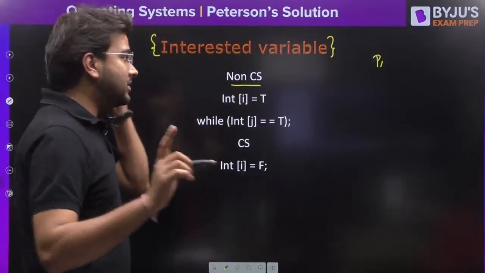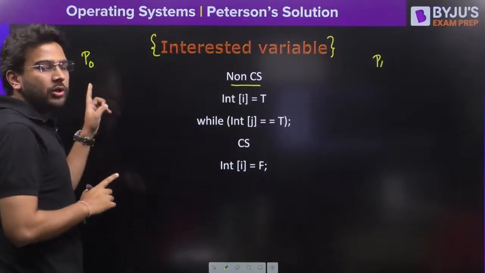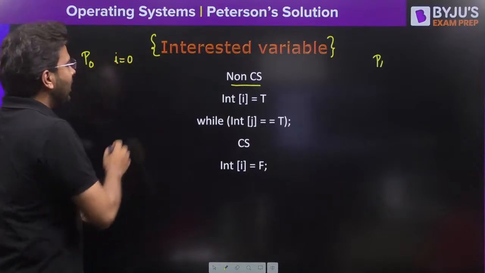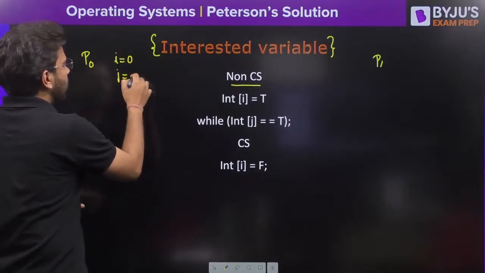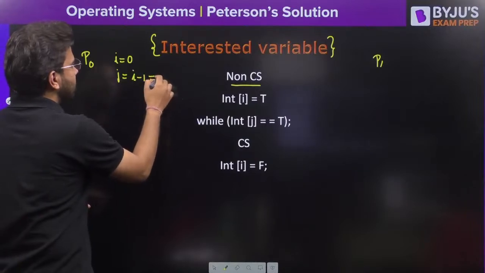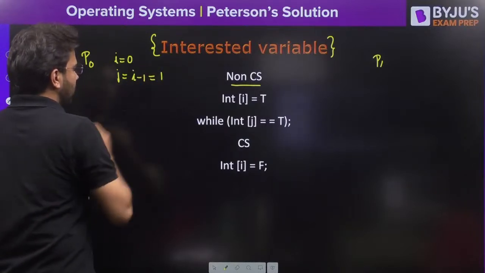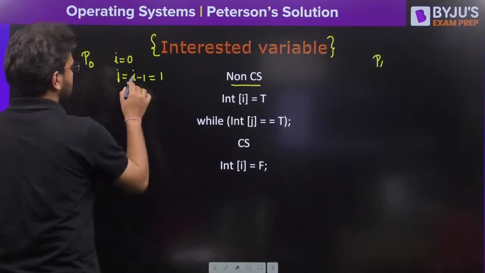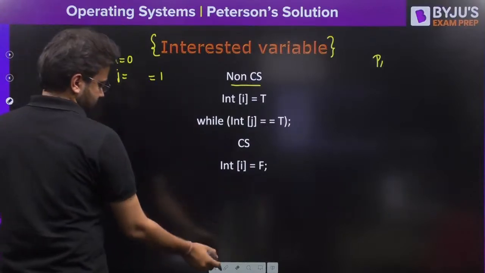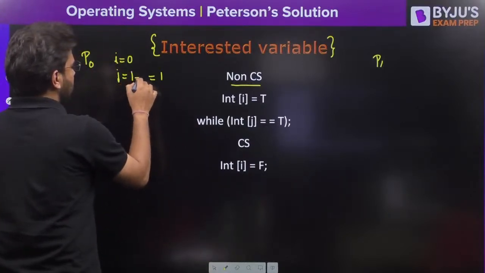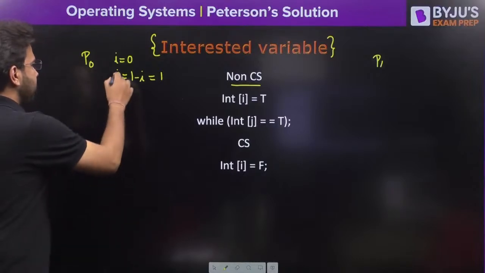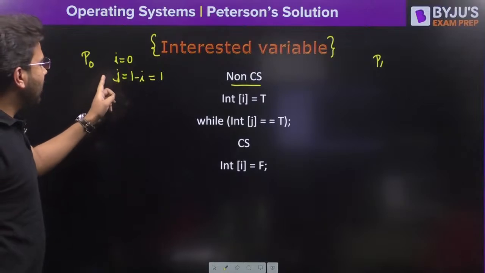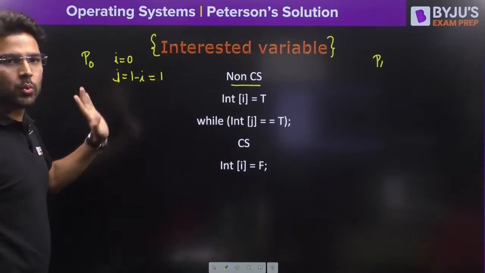Now carefully listen. If I'm executing process P0, then i value would be 0 and j value is always 1 minus i, sorry, 1 minus i, not i minus 1. So it is going to be 1 here.